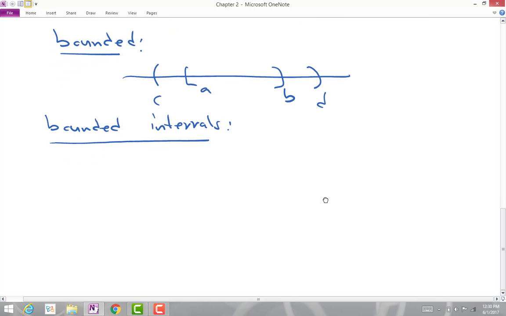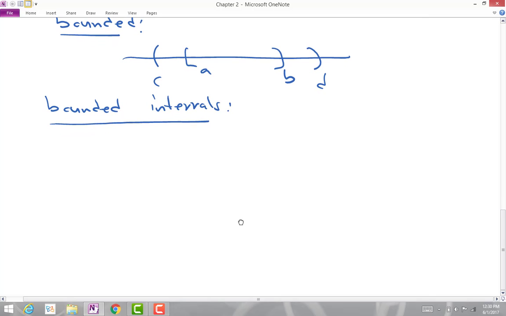And so we also need to have unbounded intervals.